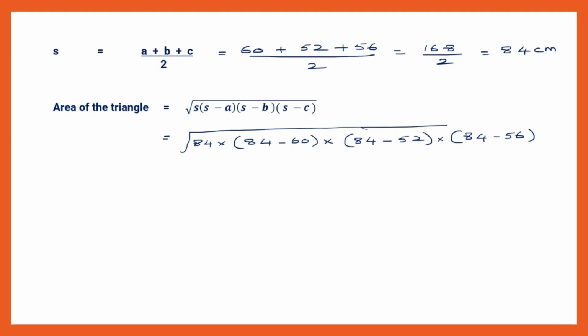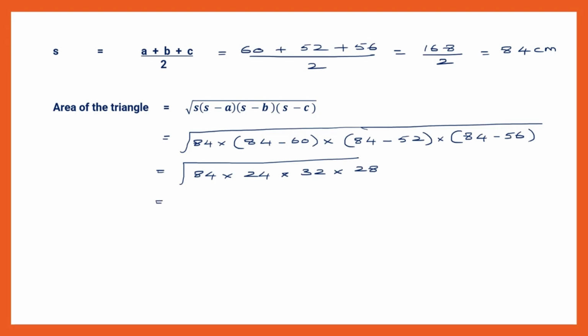So now we have to work this out. So this will be 84 into 84 minus 60 is 24, into 84 minus 52 is 32, into 84 minus 56 is 28.